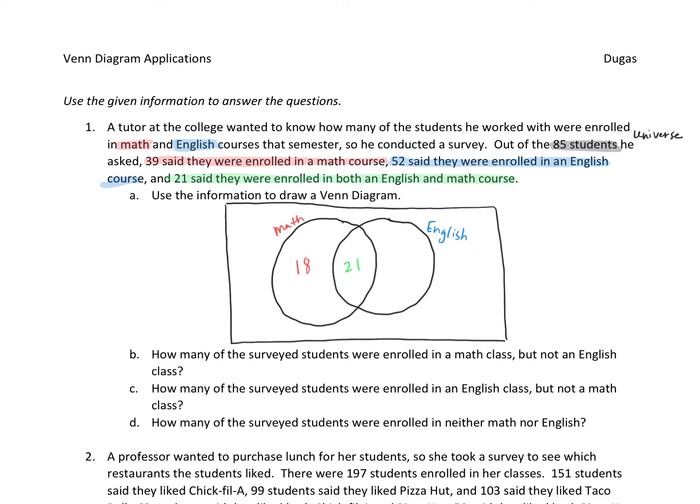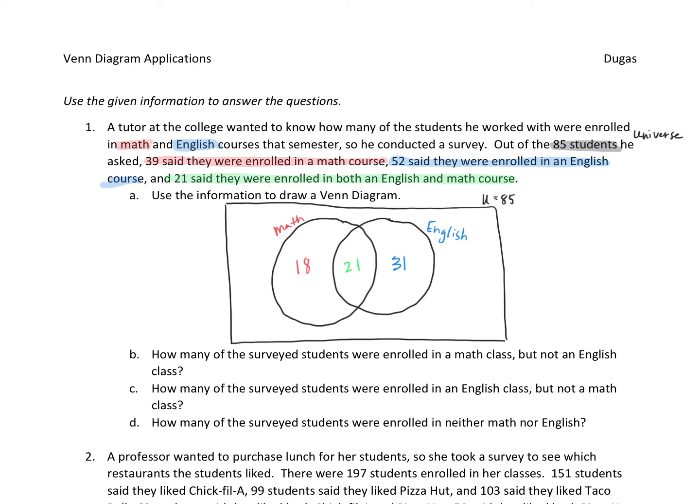So 31 students are taking just English. So the total in the English circle has to add up to 52, and it does. Okay, so now the other thing to remember is that the universe is 85.